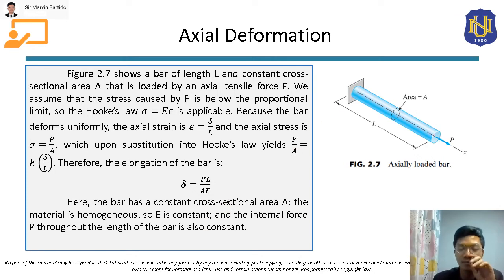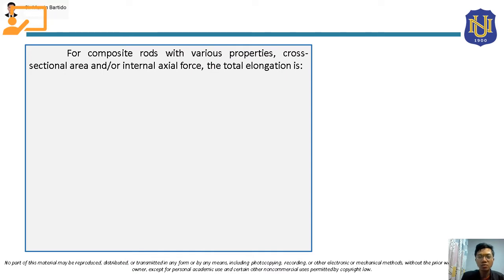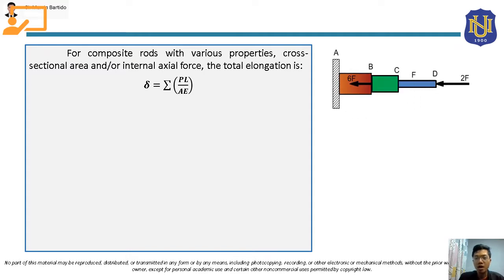For composite rods with various properties, cross-sectional area, and or internal axial force, the total elongation is the summation of all the elongations or deformations computed separately in each rod. So let's say we have here this composite rod. This composite rod is composed of rods AB, BC, and CD.